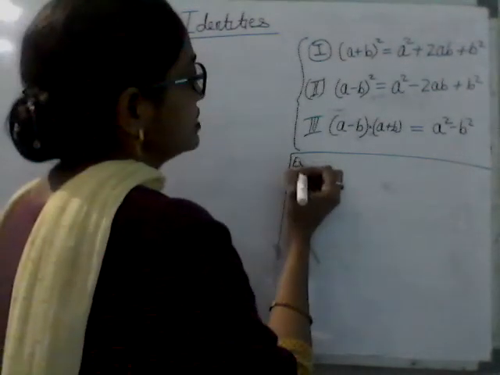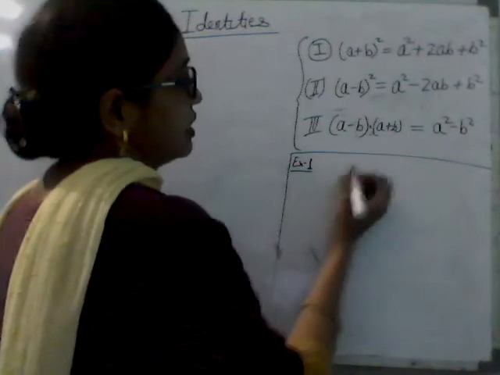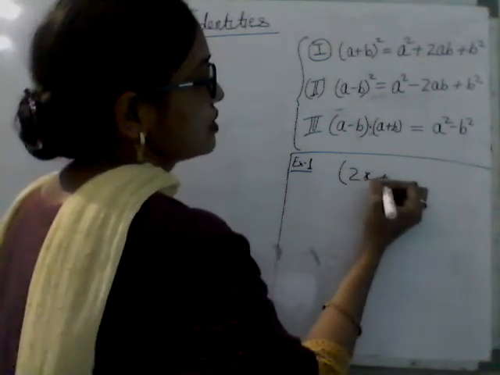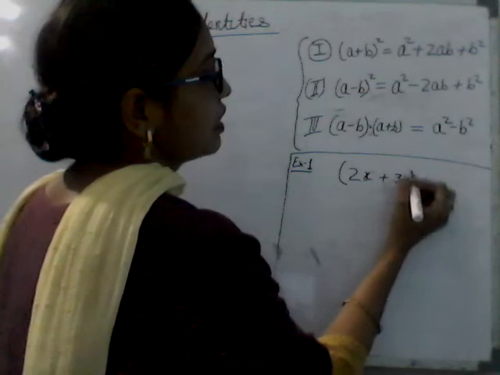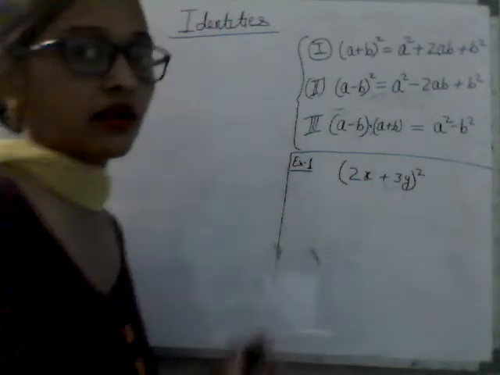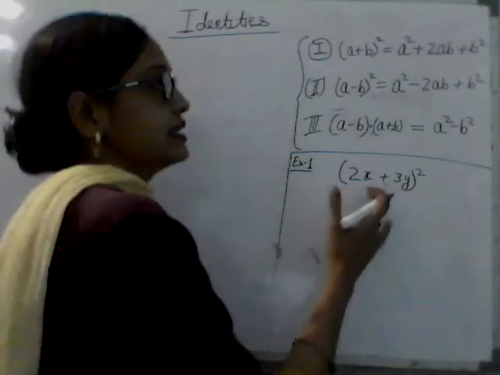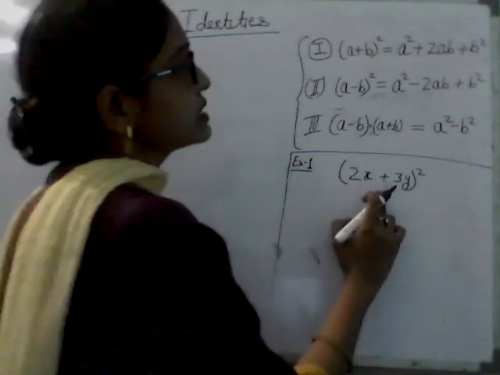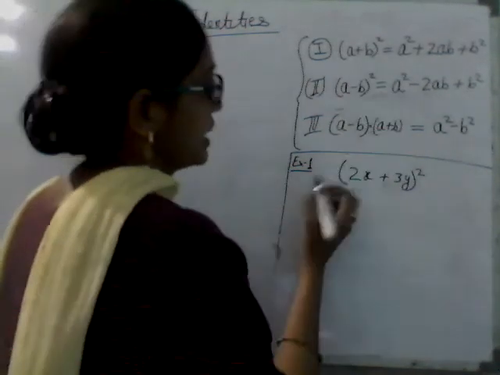Example number 1. Let us suppose (2x plus 3y) whole square. We find its whole square. In this example, we use the first identity.